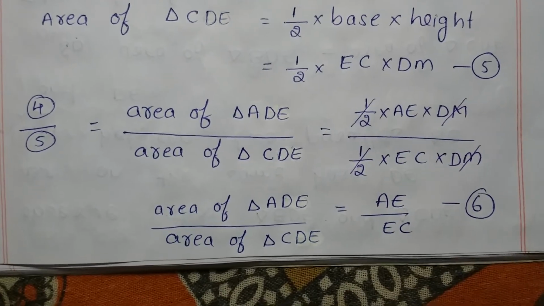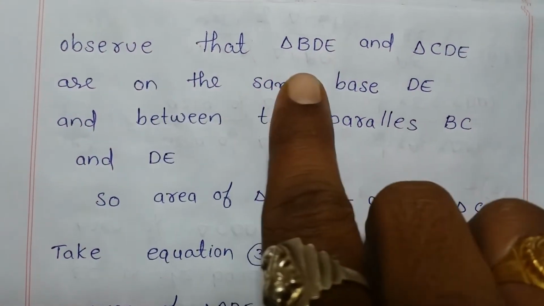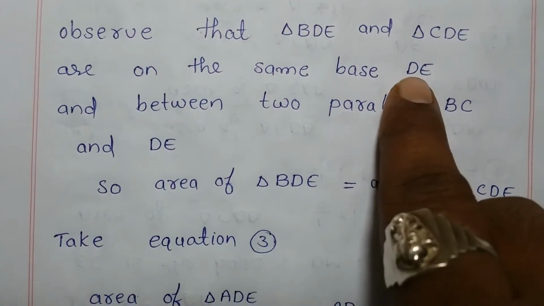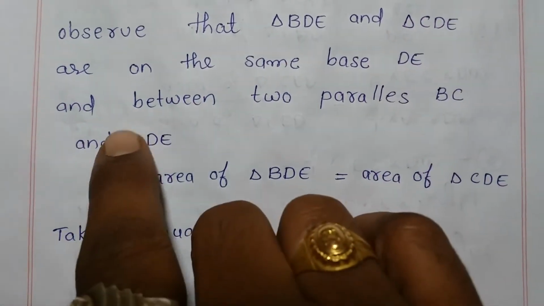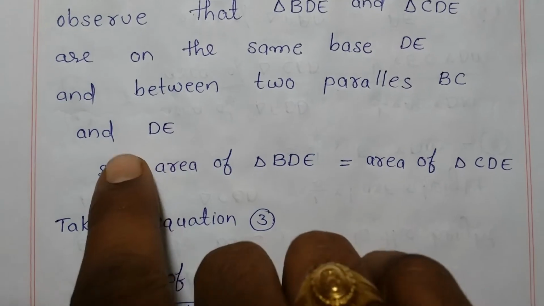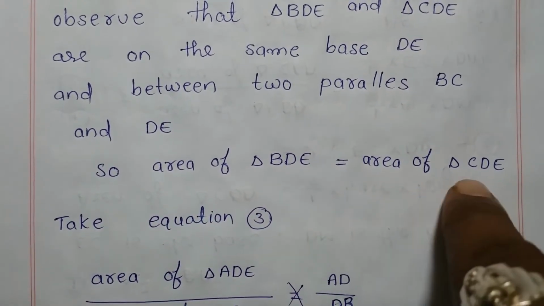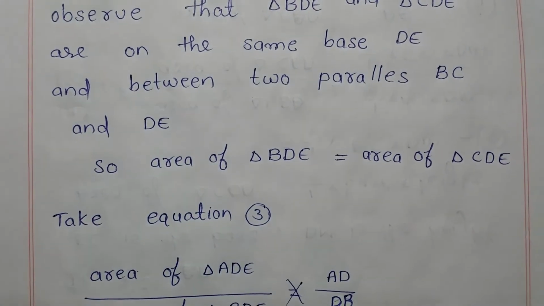Equation number 6. Here observe that triangle BDE and triangle CDE are on the same base DE and between two parallels BC and DE. So area of triangle BDE is equal to area of triangle CDE.